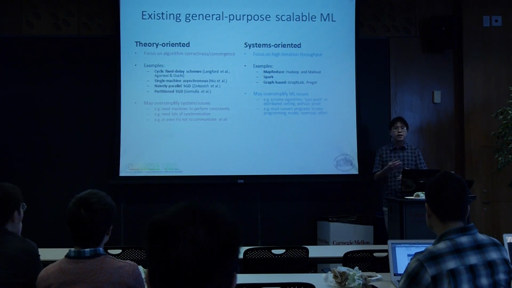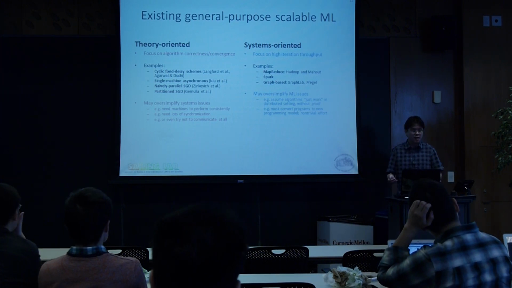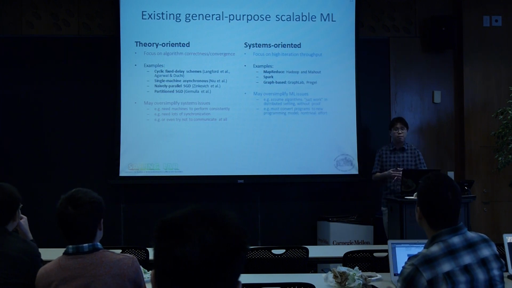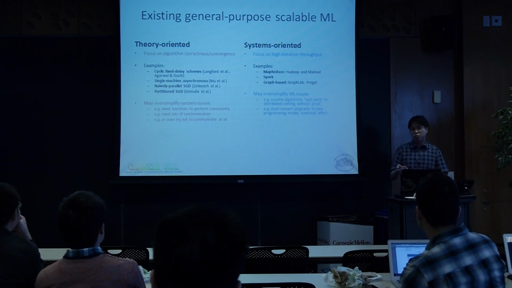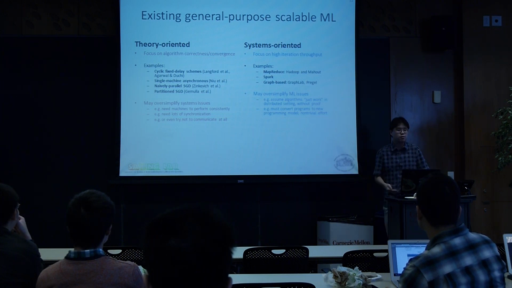On the theory side, most papers tend to make fairly simple systems assumptions, like they may assume the machines perform consistently. They assume that the machines can perform a lot of synchronization, like you would expect when you are doing it on a single machine and you have the full CPU to memory bandwidth. You might even assume that they don't need to communicate at all.